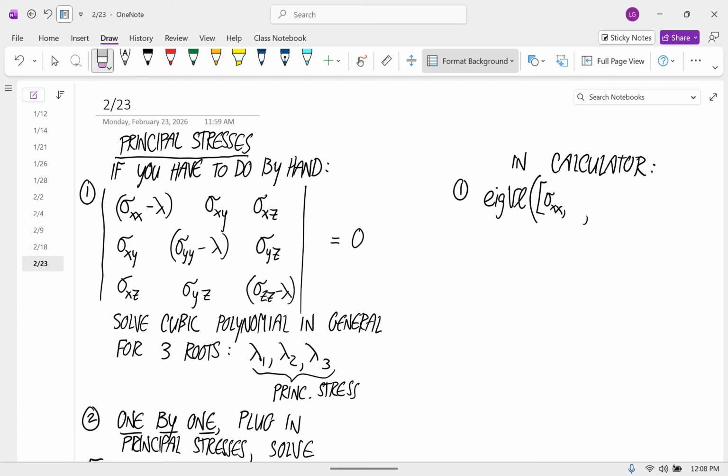And then second, do the eigenvector command on that same stress tensor, and the orders will match.